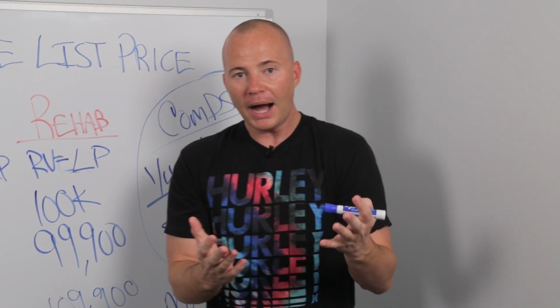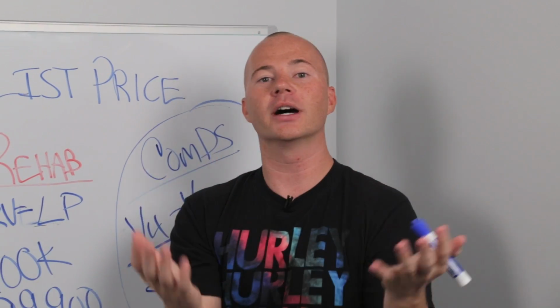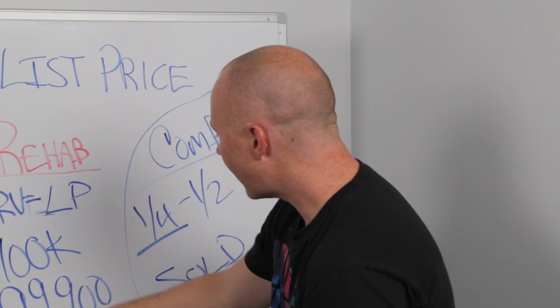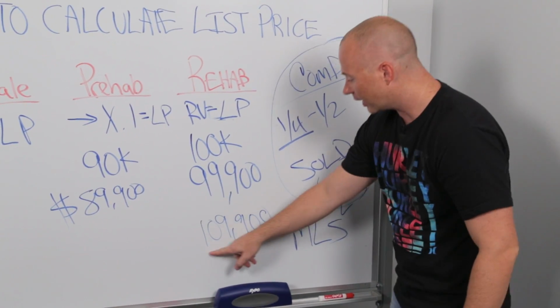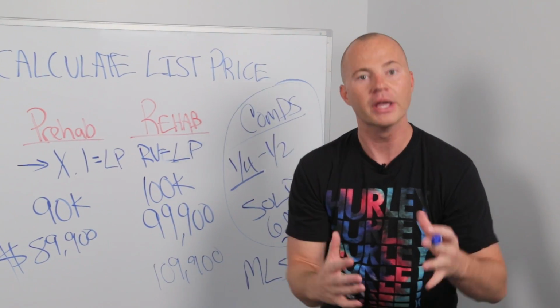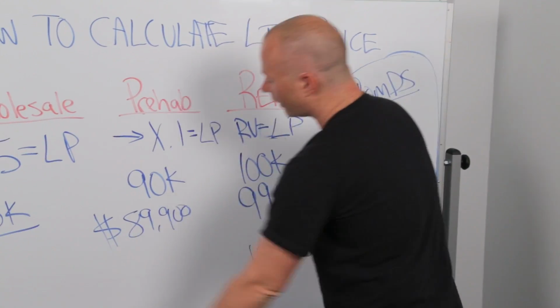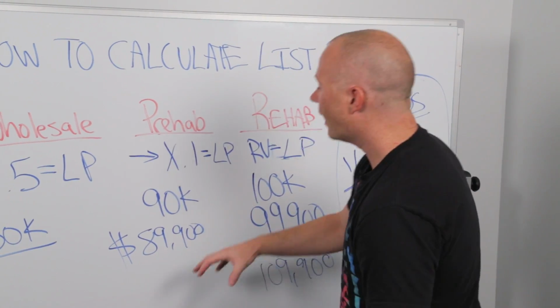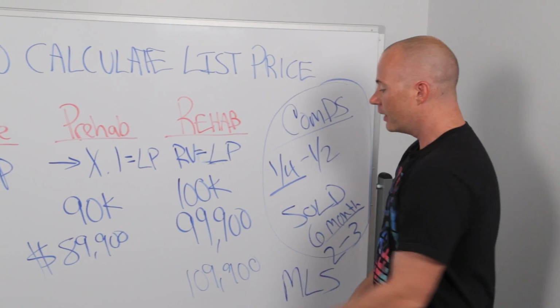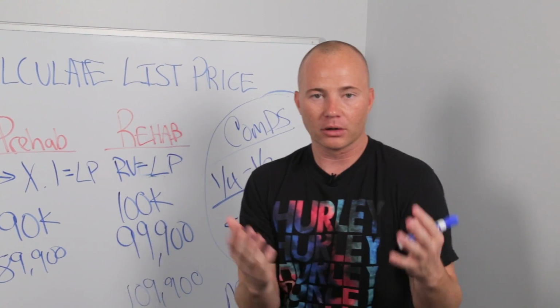If a buyer is approved up to $100,000, they're never even going to know about this price because they're not going to be looking at properties for $109,900. They're approved for $100,000. That's why we do it this way, because if a buyer is approved to $90,000 or approved to $100,000, they'll never know about any of that stuff. So that's why we don't pad any of those in our list price.